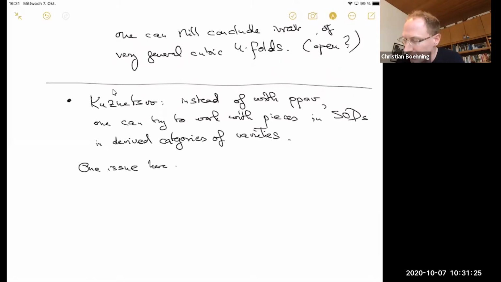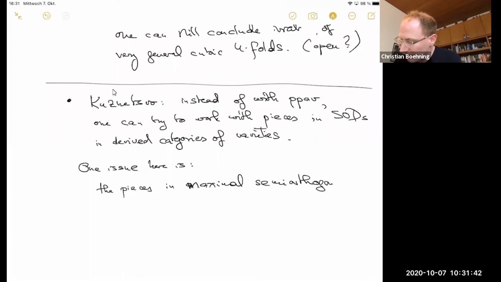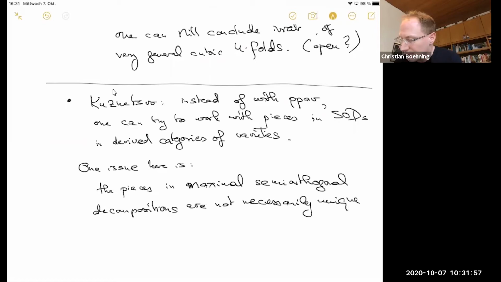So the indecomposable pieces in maximal semi-orthogonal decompositions are not necessarily unique, say up to reordering and equivalence of categories.